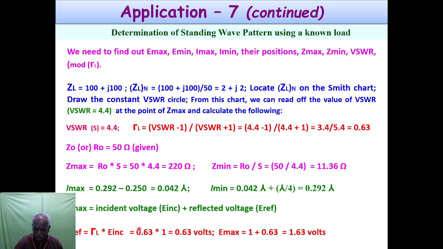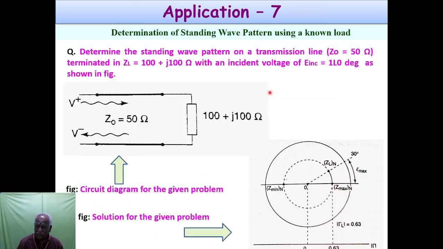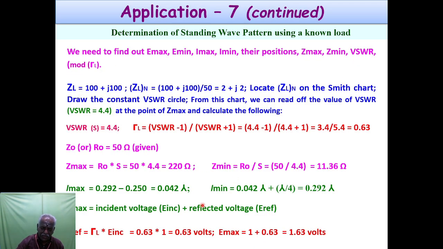So 0.63 into the incident voltage, which is given in the problem as 1 volt, angle 0, so the magnitude is 1. So 0.63 into 1 is equal to 0.63 volts. This is the reflected voltage. The incident voltage is 1, so E maximum is equal to incident voltage plus reflected voltage, 1 plus 0.63, that is equal to 1.63 volts.